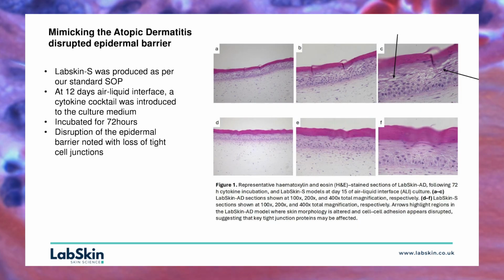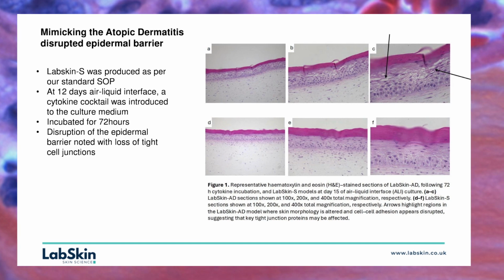So the top row here, this is the Labskin-AD, so this has had the cytokine cocktail induced, and the bottom row, this is just normal healthy Labskin. So you can see here, after 72 hours, we are seeing that epidermal spongiosis. So the takeaway from this slide is that the cell-cell junctions are disrupted in the Labskin-AD model.